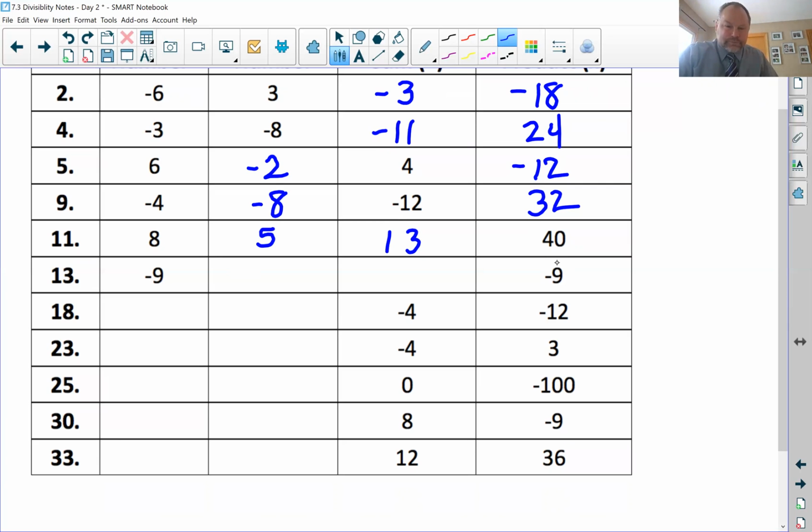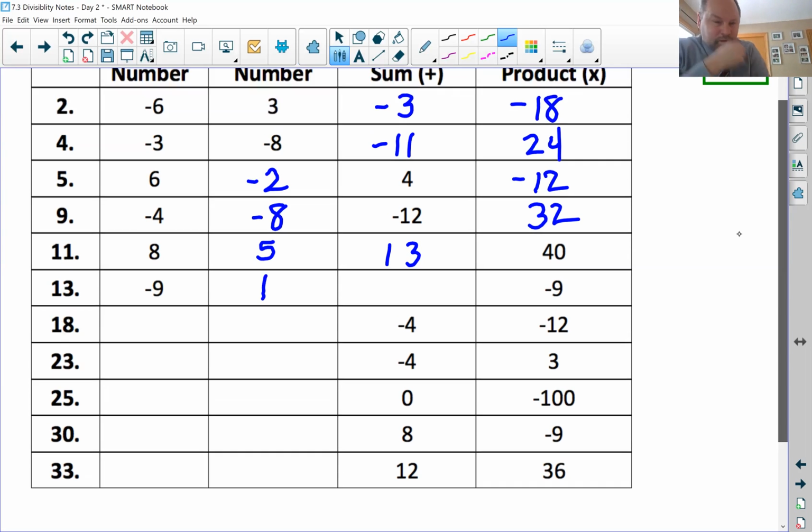One is exactly right. Yeah, good. So 1. And again, remember this third column is the sum. So take -9 plus 1. I think that's -8.